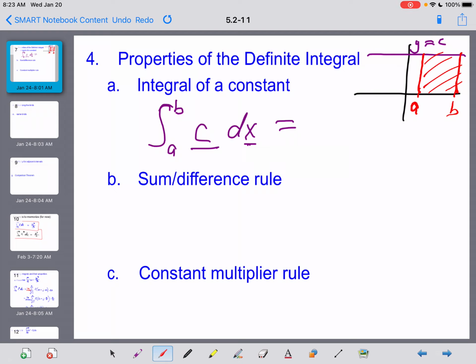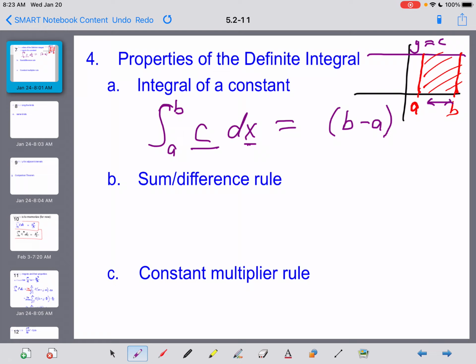The area of a rectangle is always its base times its height. The base of this rectangle is that delta x, the gap between a and b. We always take our right endpoint, b, because it's the greater number, and subtract the left endpoint, which is always the smaller number.